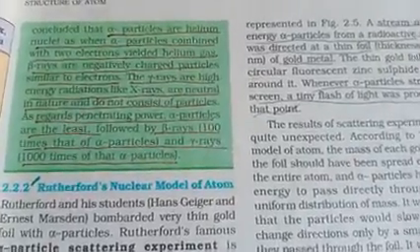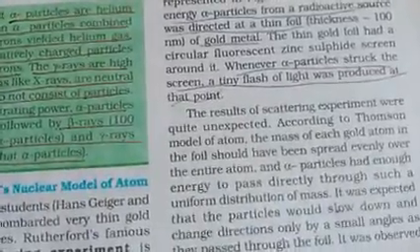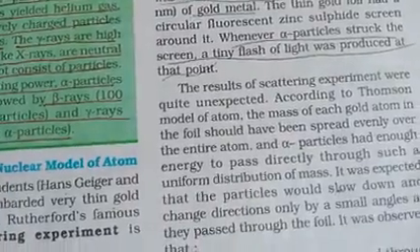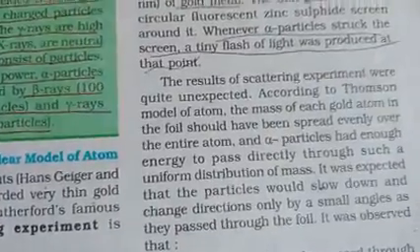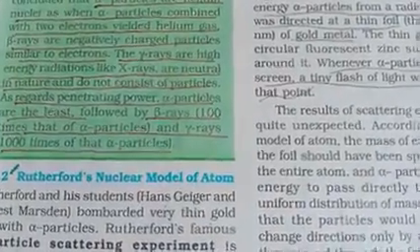Alpha particle is represented by helium, as I have already told. Beta rays are negatively charged particles similar to electrons, and that is why beta particles are represented by e.